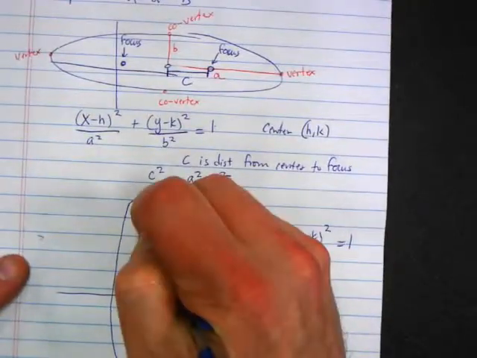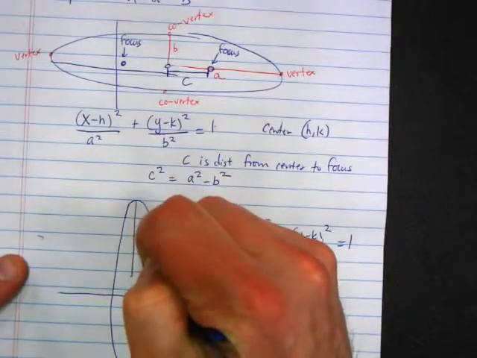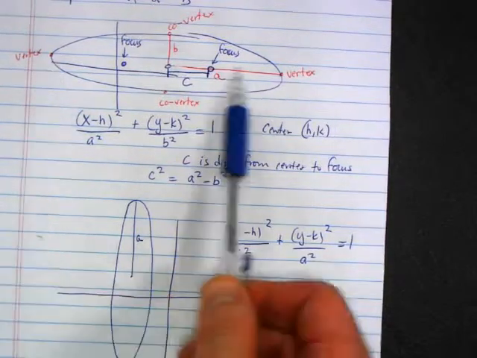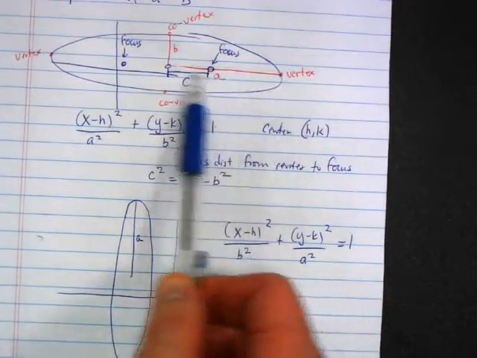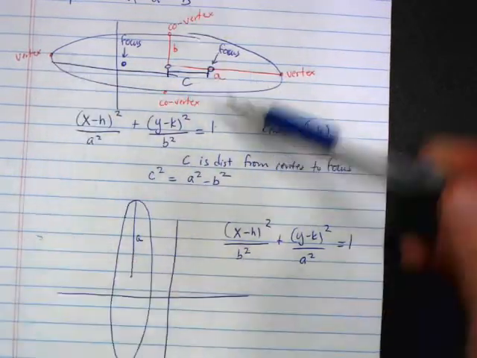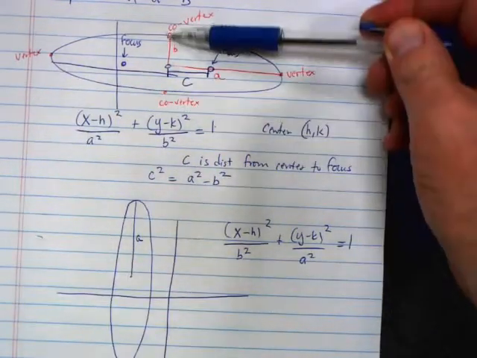And then the rest of the things are exactly the same. A is still the distance from the center to the vertex. The only thing is the vertex now is up or down. This has a name too. What's this long length called? That's called the major axis. And the short length this way? The minor.